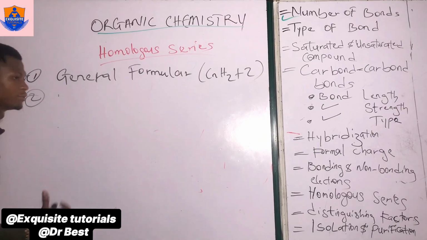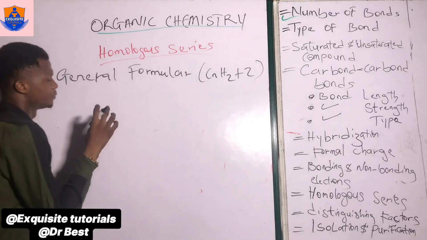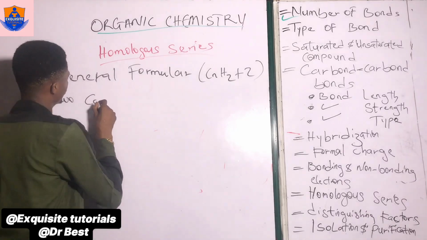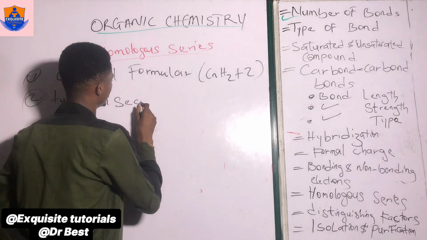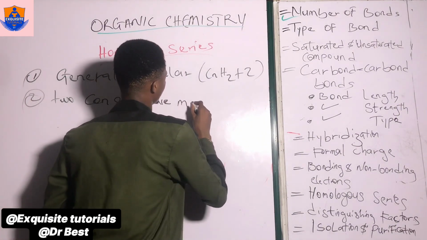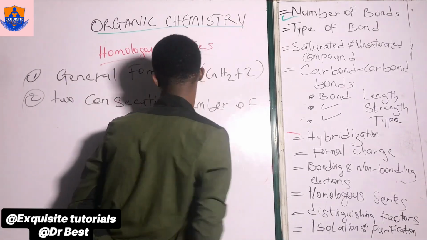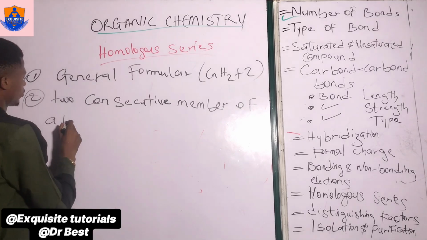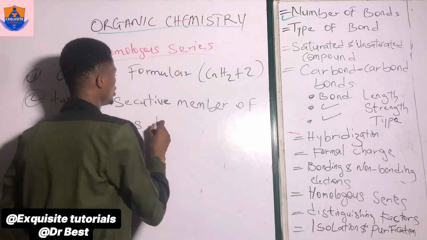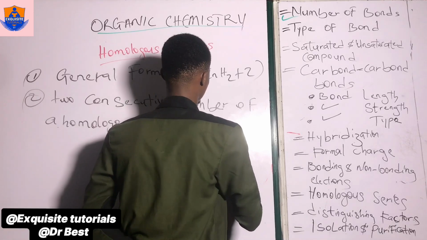Now, one thing that they also have in common is that each two consecutive members of a homologous series differ by a CH2 group.